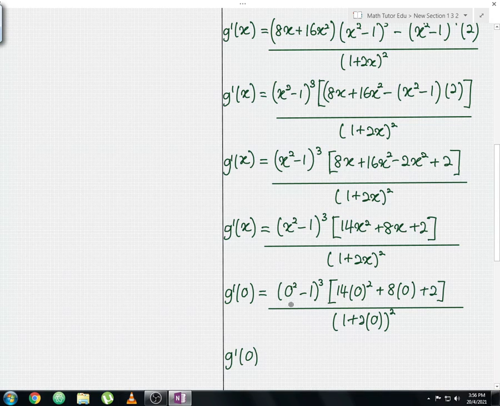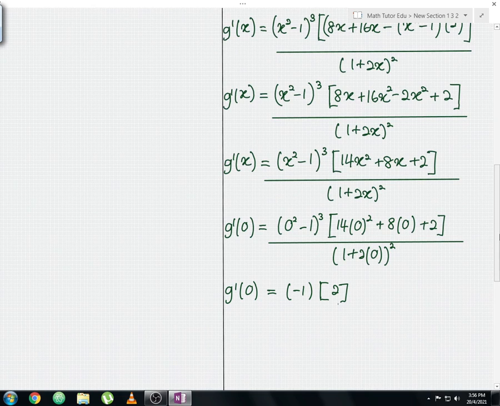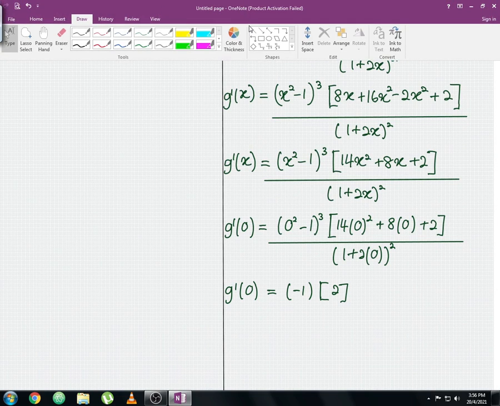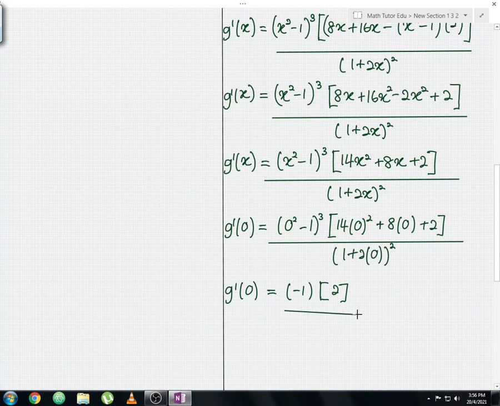Over here you'll get negative 1, and then inside the bracket you should get 2. Let me underline the fraction. Please hang tight guys, we are very close to the final answer. I know it's tedious. The denominator here you should get is 1.